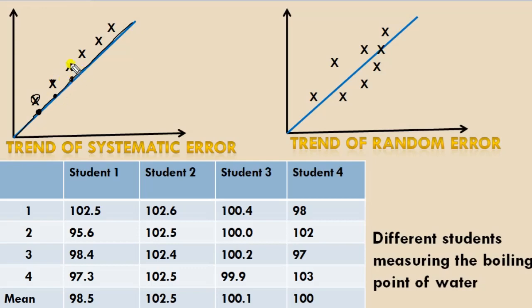So every time we are consistently on one side of the true value. This is the trend shown by systematic error. They are either consistently positive or consistently negative. Another possibility was that every time we take a measurement, we get a negative error, that is, we get a value which is less than the true value.